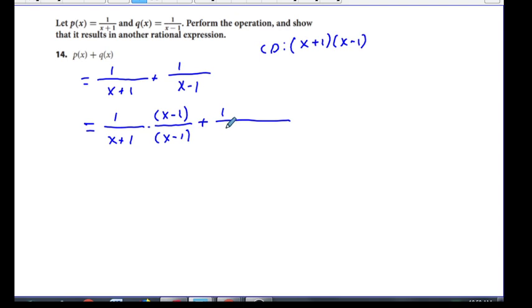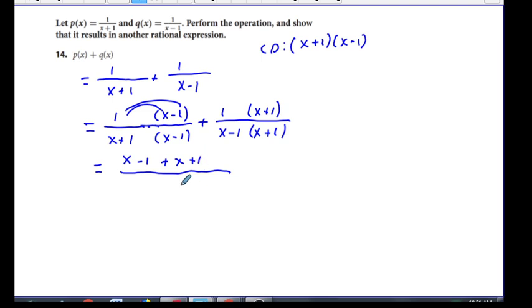Sorry. And then we have here 1 over x minus 1. What do we have to multiply by to get our common denominator? x plus 1, x plus 1. So what we have here is 1 times x plus 1, like we distribute the 1 here. So we have x minus 1 plus x plus 1 over x plus 1, x minus 1.